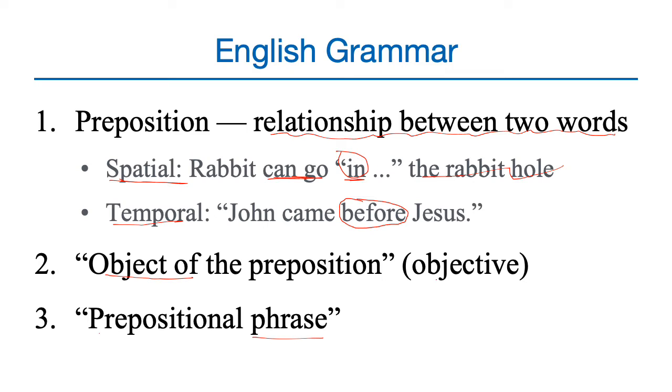For example, rabbit can go where? In the rabbit hole. So in is a preposition in English. It's spatial because it's dealing with space, and the space is the rabbit hole.